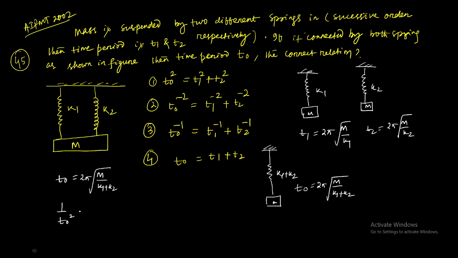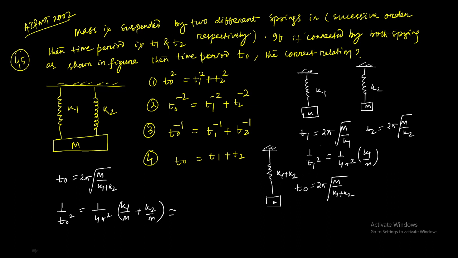So 1 by T naught square is equal to 1 by 4 pi square times K1 by m plus K2 by m, and that is 1 by 4 pi square K1 by m. If you see here, this can be written as 1 by T1 square equal to 1 by 4 pi square K1 by m.